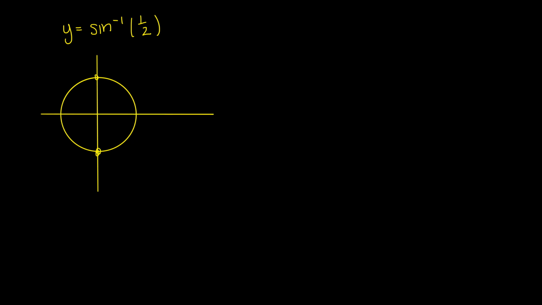So this is my domain between here and here. And 1/2 has positive sine, that means that we have the positive y, and positive y is in this sector in quadrant 1. And so we're somewhere here.